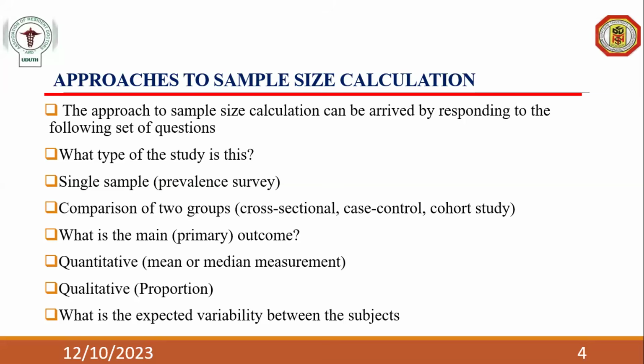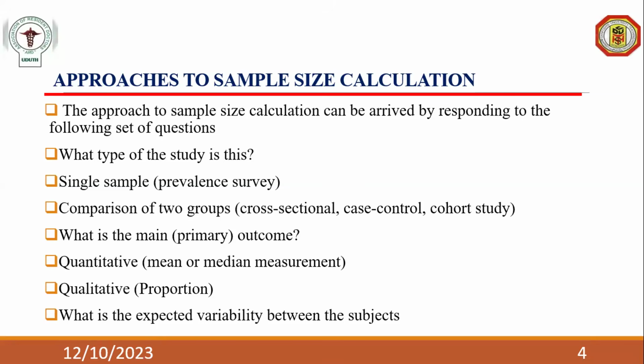Before you know the right formula you are going to use for calculating your sample size, you must answer these questions, because if you answer wrongly, you may end up using a wrong formula. So for you to get the right formula, you have to ask yourself and answer all these questions. 1, what type of study is this?